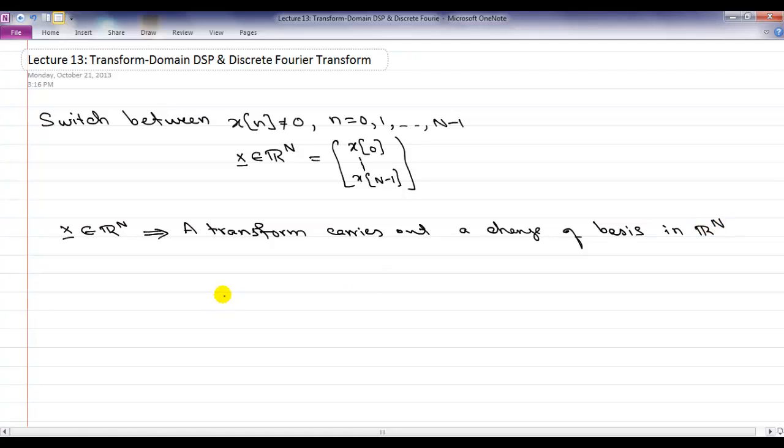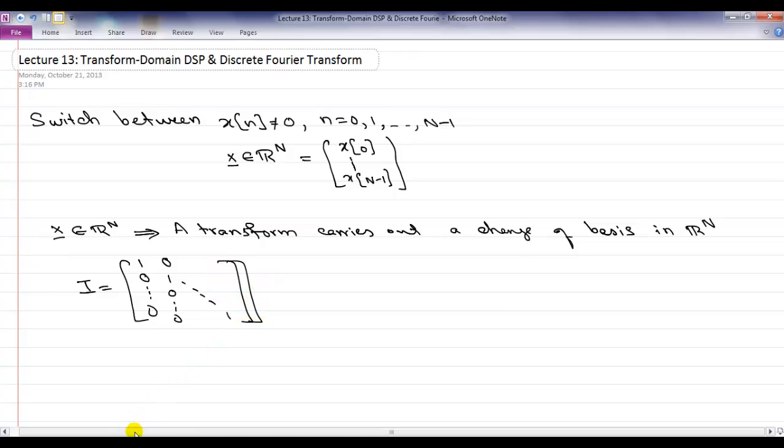So the idea is that your x, which is in R^N, is given by the canonical bases. The canonical bases in R^N are simply the identity matrix, right? The identity matrix, which has 1, 0 all the way, then 0, 1, and 0, and so forth, 1, right?